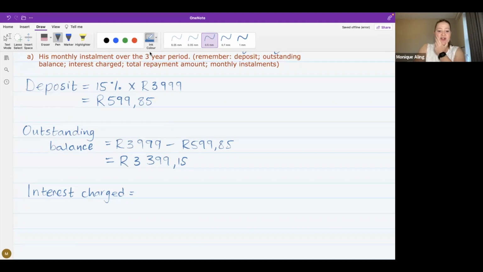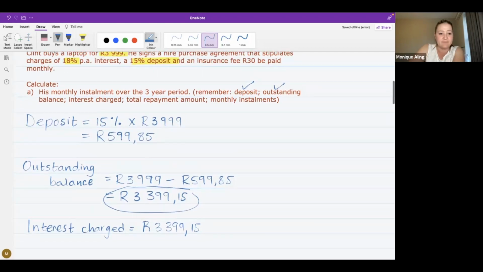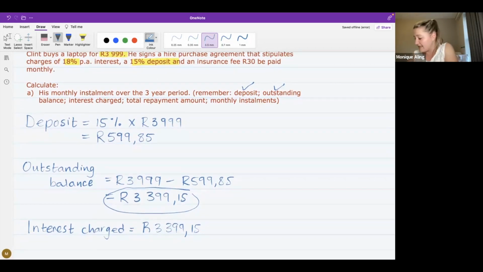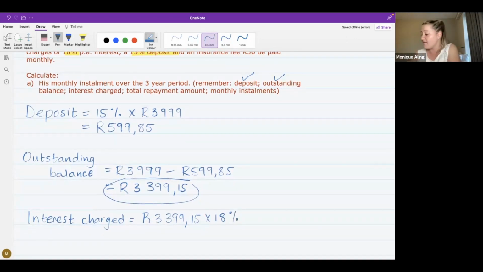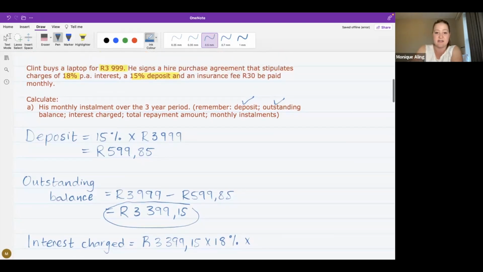Okay, so we're going to take the amount that he's still owing. So he still owes this shop 3,399 Rand and 15 cents. The interest is 18% per year, and he is paying this off over 3 years.